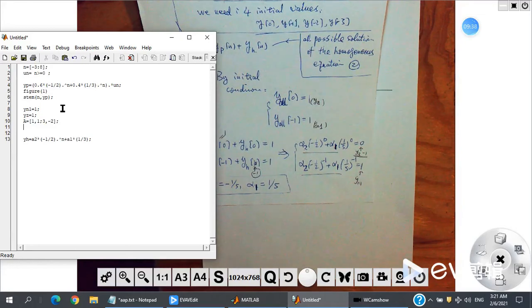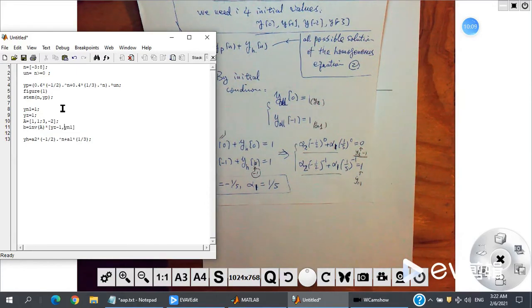Then I use B as the answer. The solution will be the inverse of this matrix A times the right-hand side, where the first element is y of 0 minus 1, and the second one is y of -1.